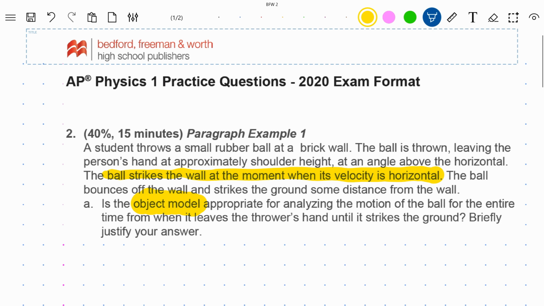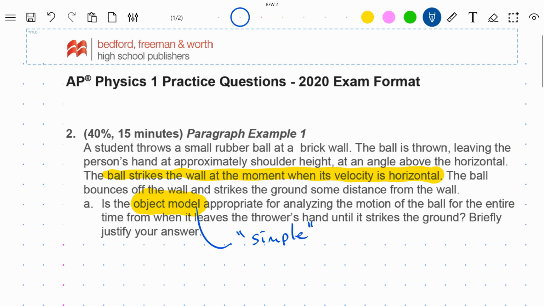Okay, so let me just explain what is meant by the object model. In AP Physics especially, we tend to focus on 2 different models that we can use for considering real-world objects. So the first is the object model. The object model is as simple as it really possibly can be.